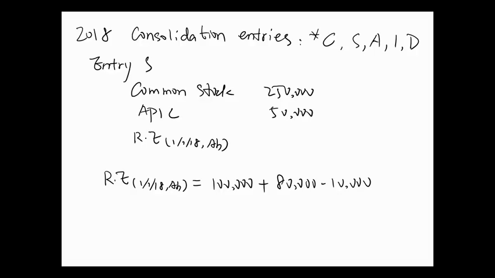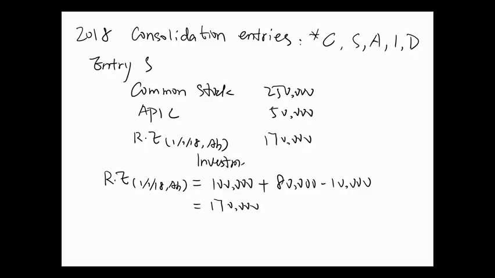So this is the basic equation for how to calculate the balance of retained earnings. It equals 170,000.